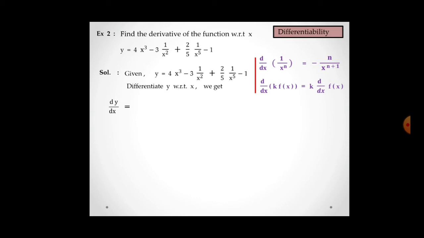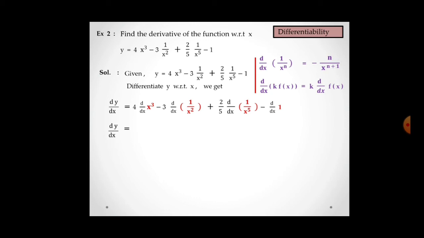The derivative equals 4 as it is, x cube function derivative, minus 3 as it is, derivative of 1 upon x square, plus 2 by 5 as it is, 1 upon x raised to 5 derivative, minus derivative of 1, because it is a constant function. Next is writing the derivatives of the functions.